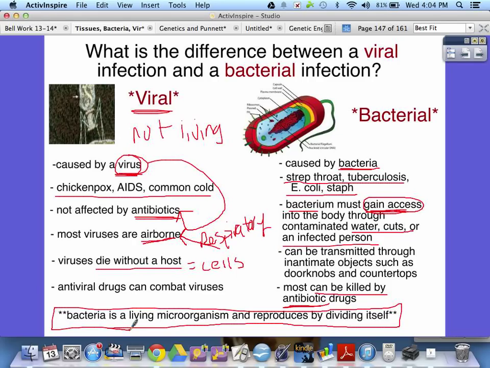The only thing that we have so far that can fight against viruses with us is what we call an antiviral. That is like the vaccines that we were looking at earlier, and those help combat viruses. What they do is they help protect the cells to keep them from being able to inject their DNA into the cell in order for it to reproduce.